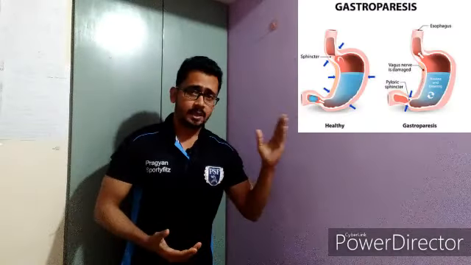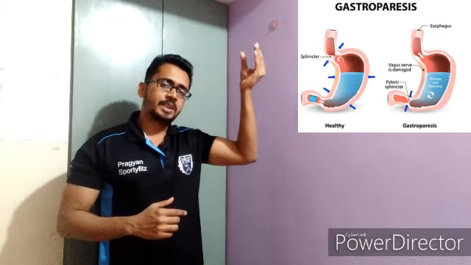Gastroparesis is the next problem. Generally, as I explained in the digestive system, our stomach has 2 valves specially. One is between the esophagus and stomach, and then the stomach and small intestine. When we have food, that food comes from the esophagus to the stomach, and once the food gets into the stomach, the esophagus valve just closes, and then once the food is processed with various digestive enzymes, that processed food moves through the second valve that connects the stomach and small intestine.